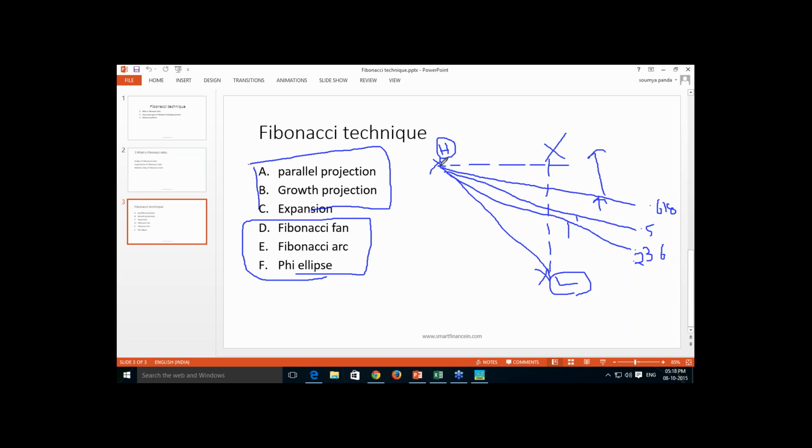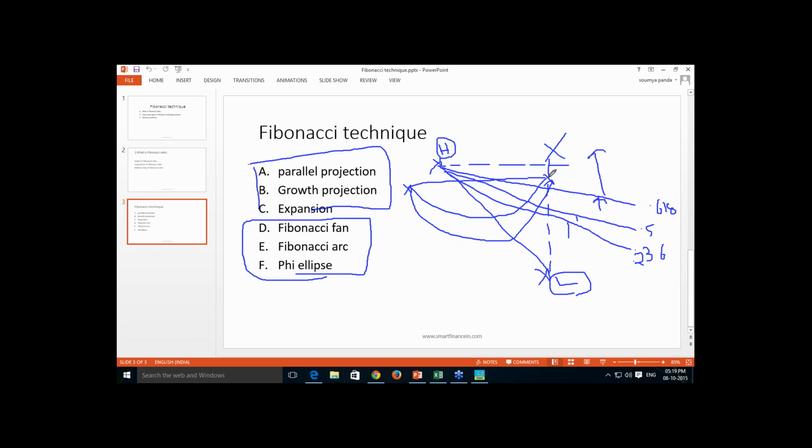Similarly, we can take a high and low, taking this as the diameter of a curve. With the diameter of a curve, you form an arc.